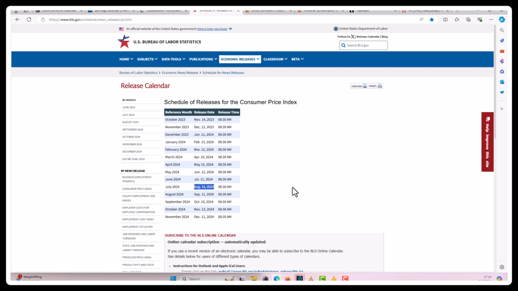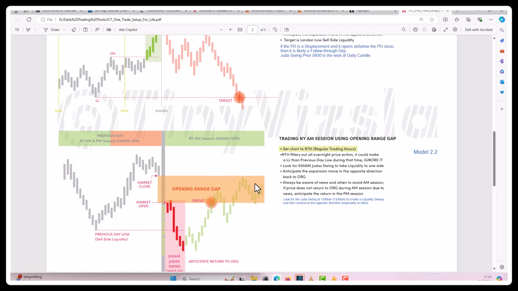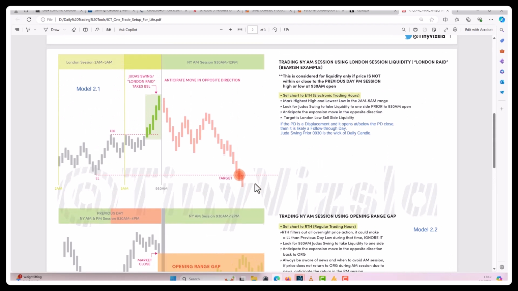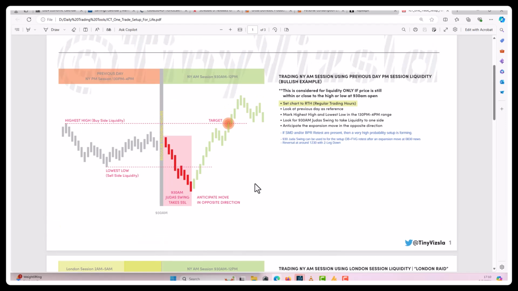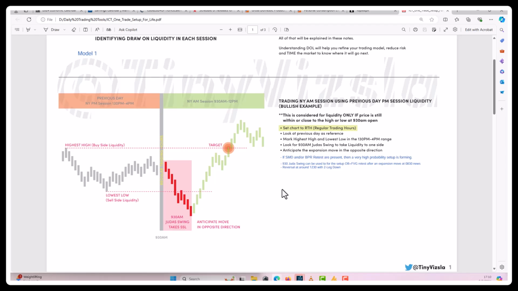All right, now we go into the chart to see the price action for today. Before that, let's review the ICT setup. The first model is the ICT model, which is to mark the high and the low of the previous day's PM session, and then see if it goes for the liquidity of one side, then it's going to go to the next side.